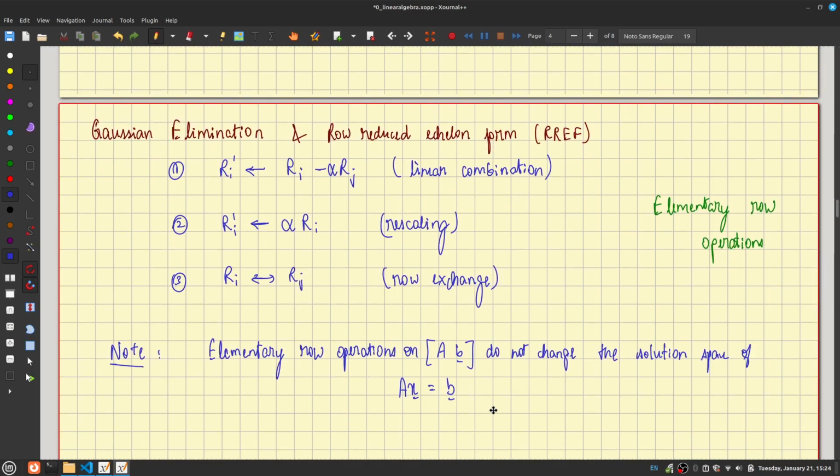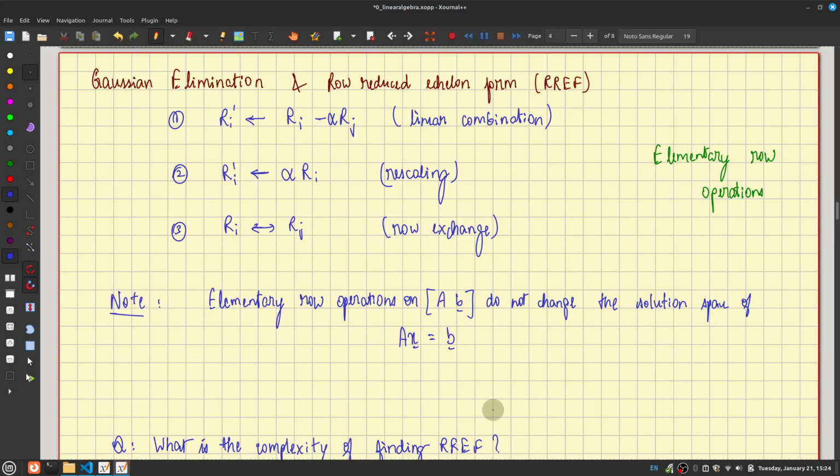Great. And you've also seen, given a matrix, how to find the row reduced echelon form, or how to do Gaussian elimination to solve a system of linear equations, right? So essentially it's a sequence of row operations on the matrix, and there are three fundamental types of row operations. One is you take a row and subtract some scalar multiple of another row to get the new row.